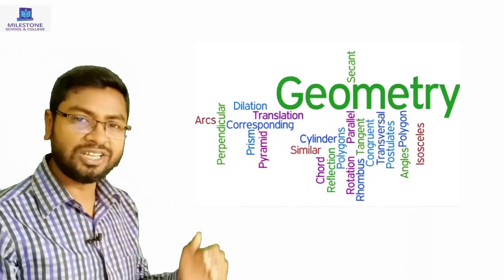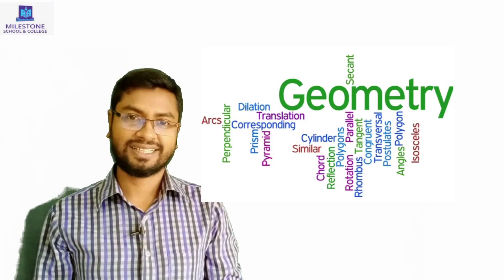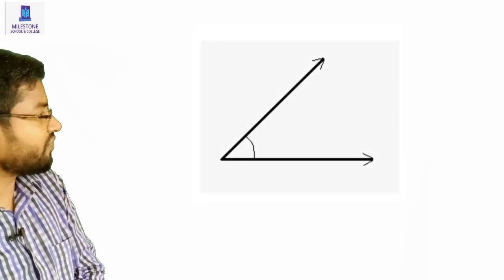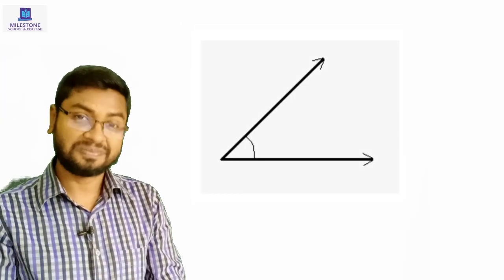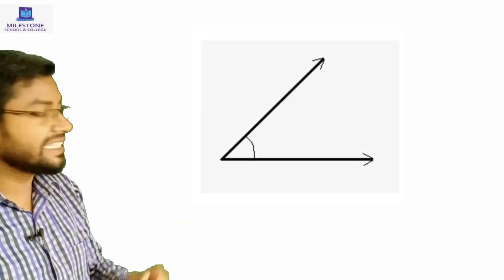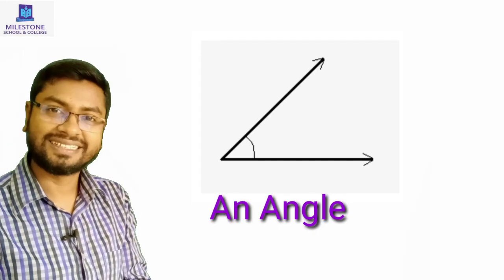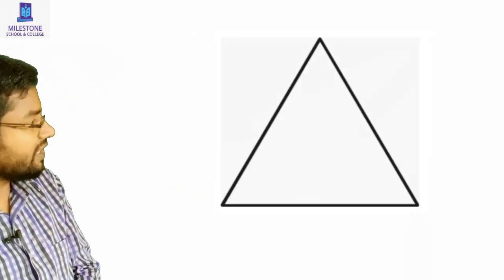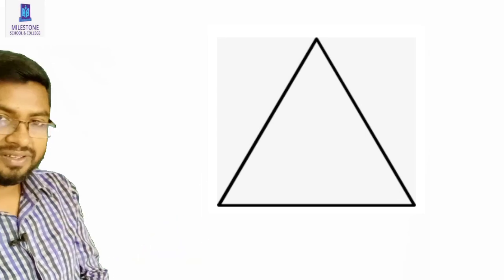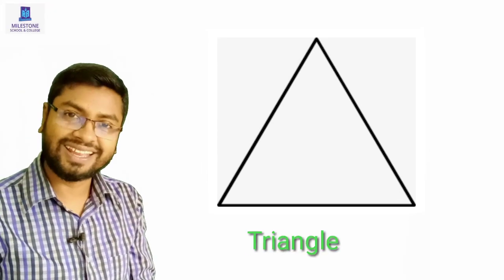Today we will learn geometry. So let's start our class. See, what type of figure is this? Yes, you are right. This is an angle. What type of figure is this? Triangle.